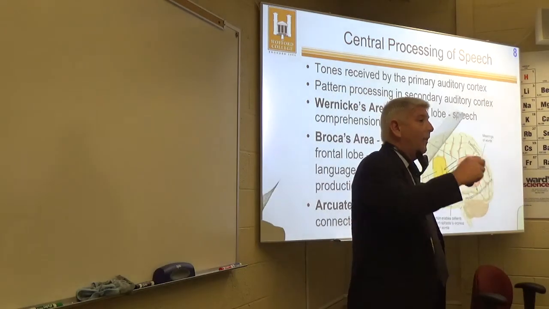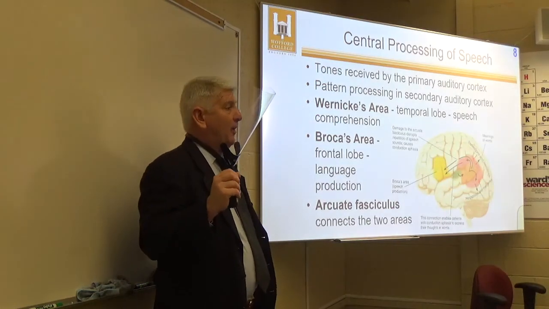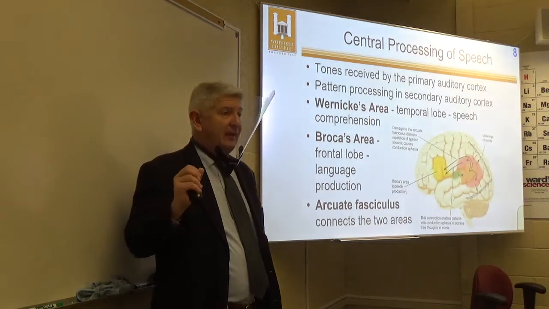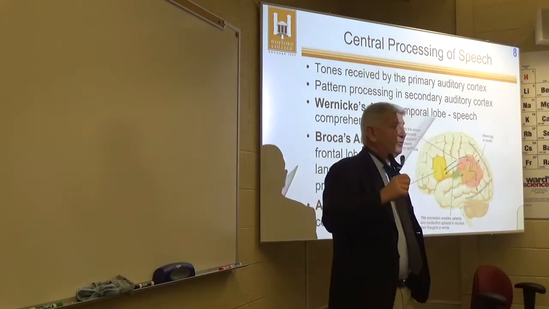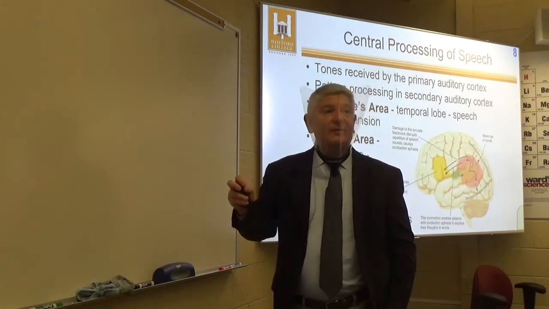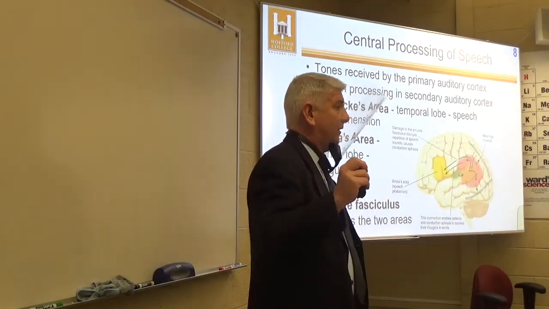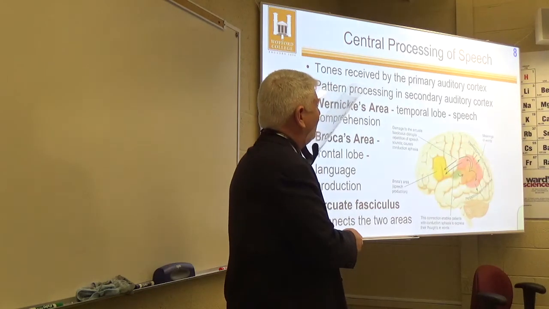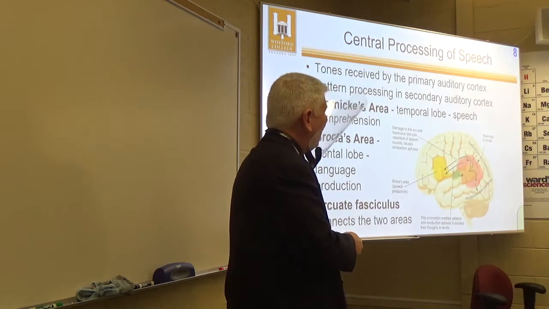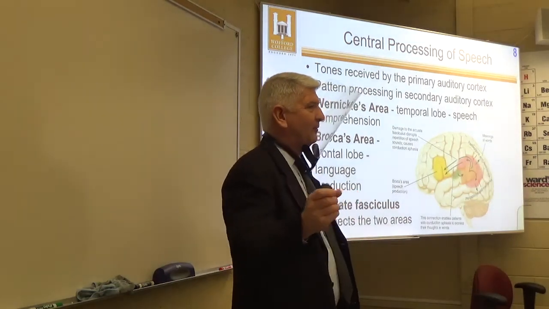So if you are writing with your right hand, right, then Broca's area on the left side of your premotor cortex is sending that language production to your left motor cortex and going out to your right hand because it's contralateral.